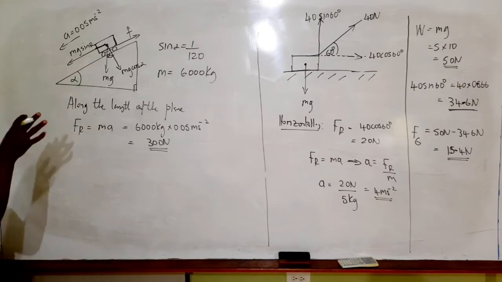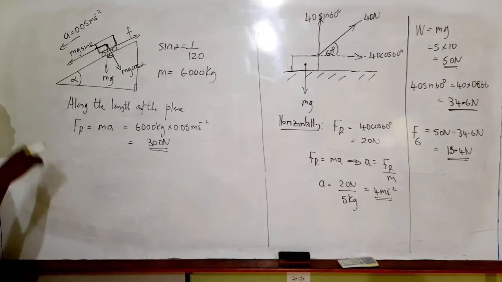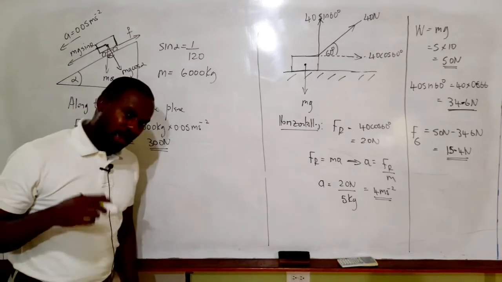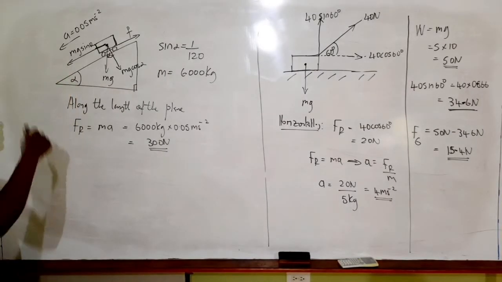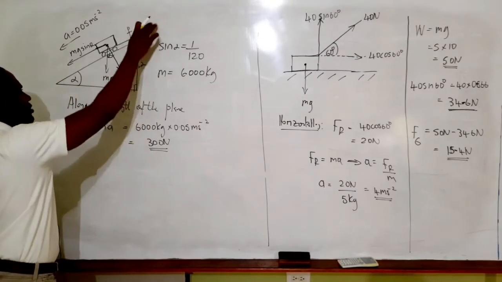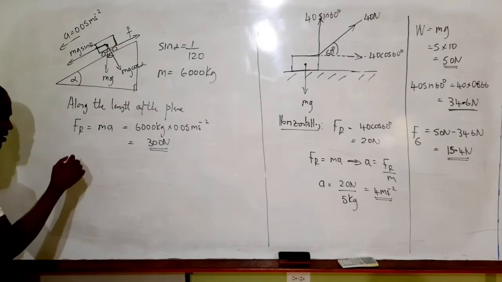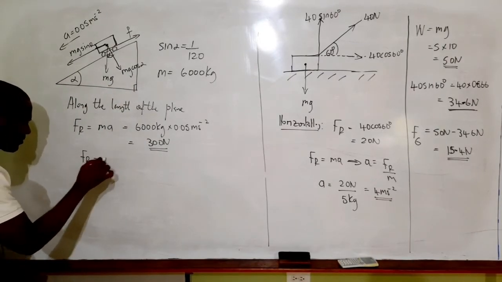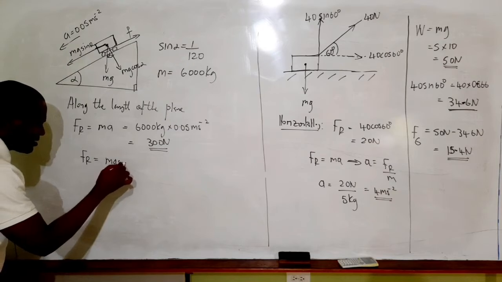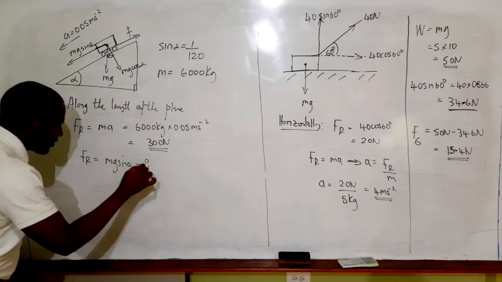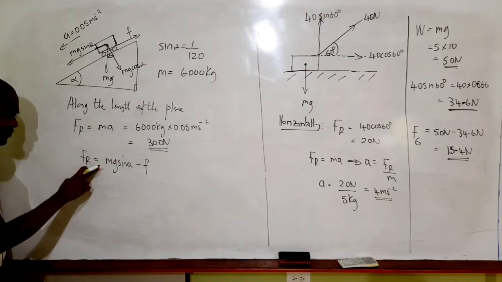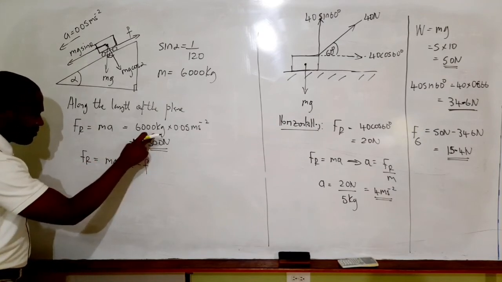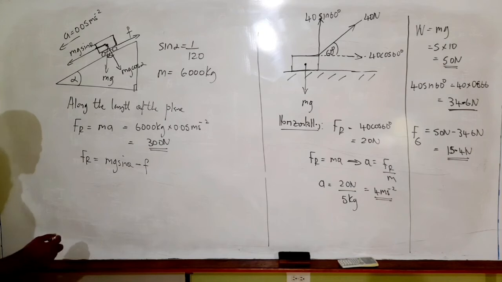But let's examine the forces along the length of the plane. We have the component of the weight, mg sine theta, which acts parallel to and down the plane, and we have the opposing force, the friction, right? So what this also means is that the resultant force Fr is equal to mg sine theta minus the friction F, right? So having found the value of the resultant force Fr, we'll equate it to that, and we'll then solve for the unknown force, the friction.